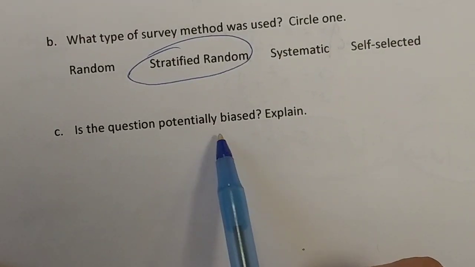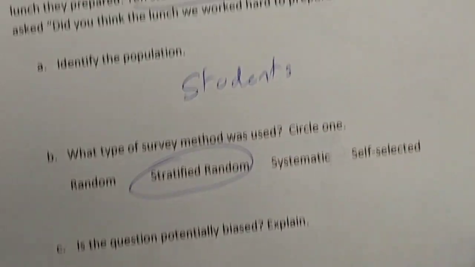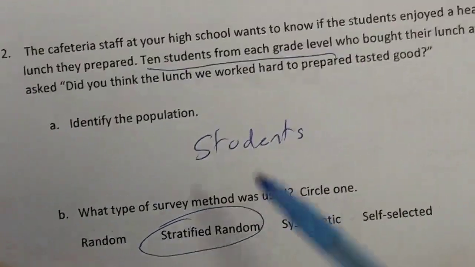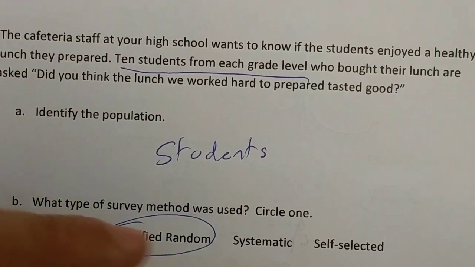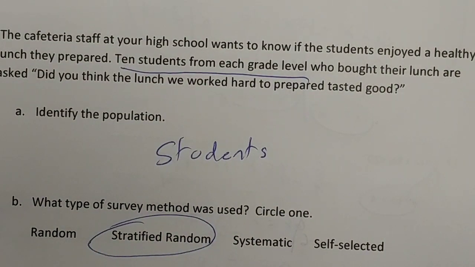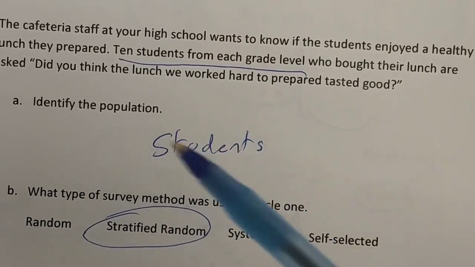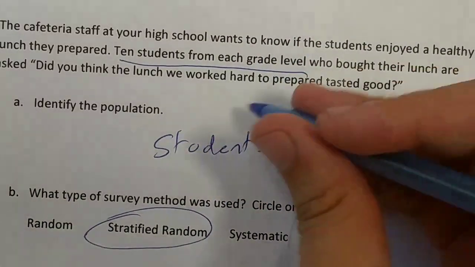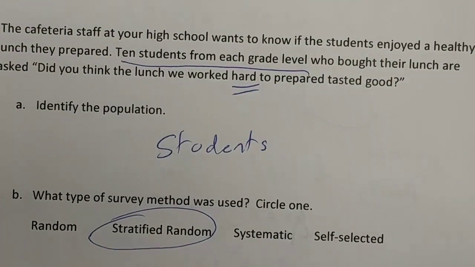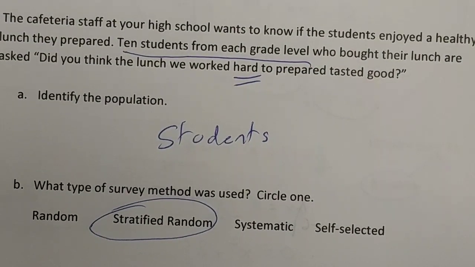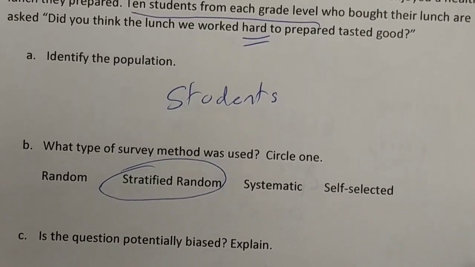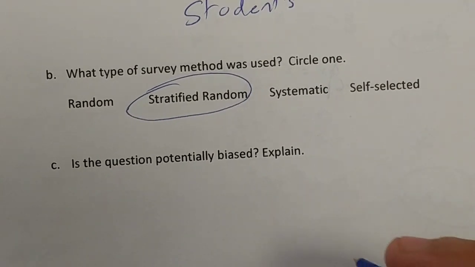And then, is the question potentially biased? The key word in the question is something that would make you either feel good or bad to answer a certain way. Since they say we worked hard to prepare this, it gives you an awkward situation to say, I didn't like it at all, but we worked so hard. That's a cause of bias in that question, and it is biased because of that.